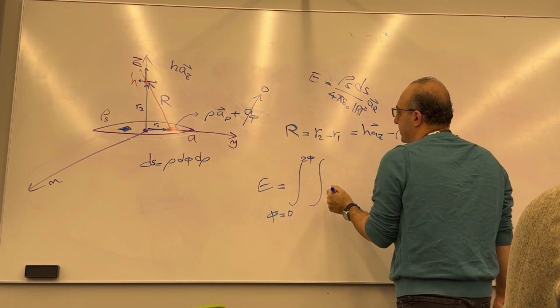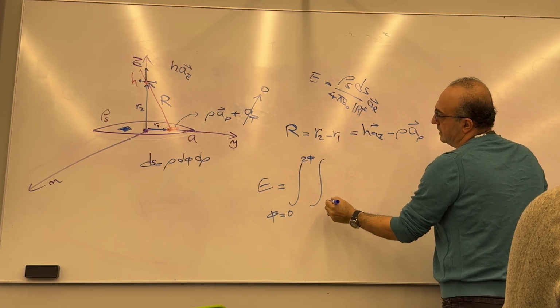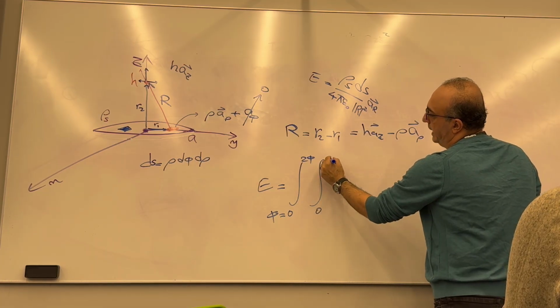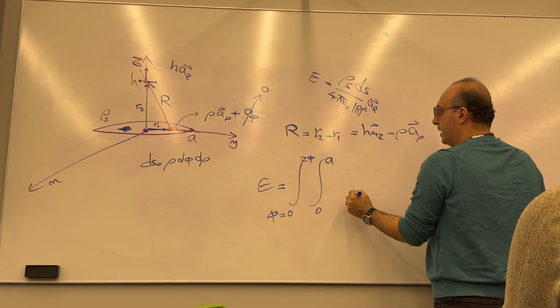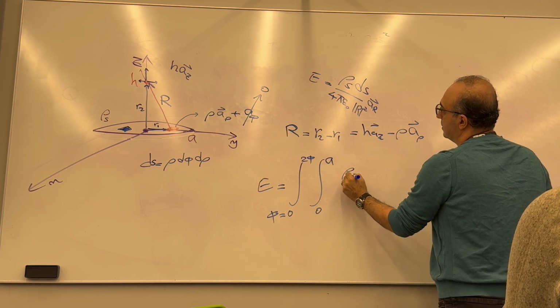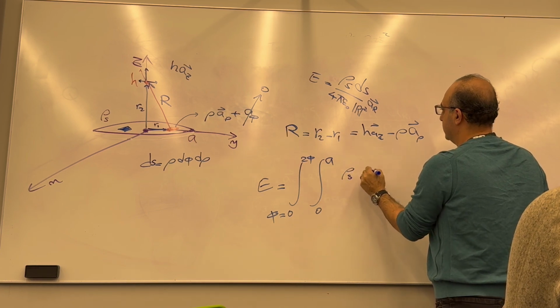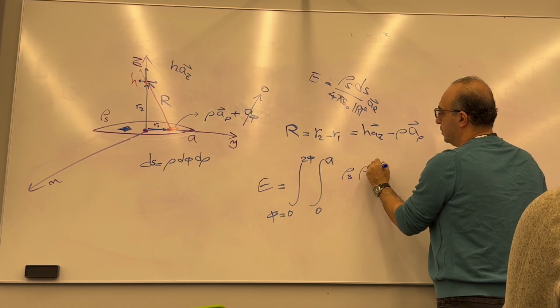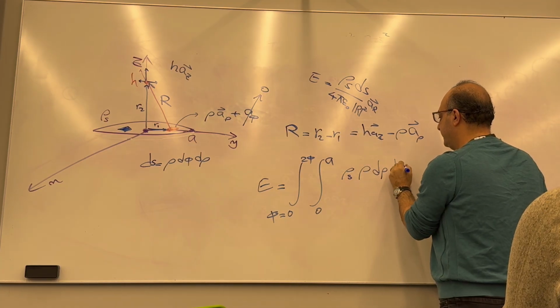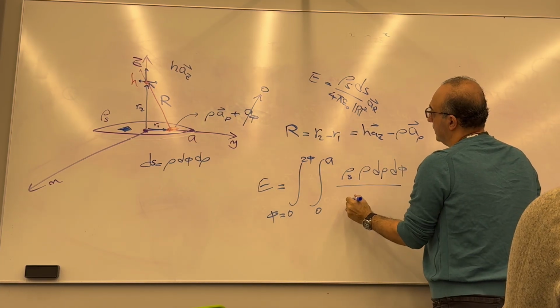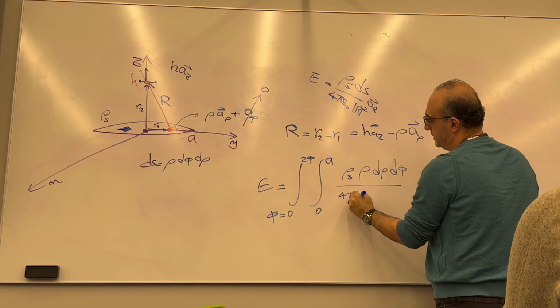We know what's going to happen, but we repeat it here, from 0 to a, and rho s dS is rho d phi over 4 pi epsilon 0.